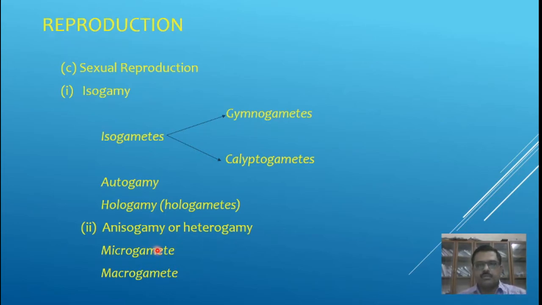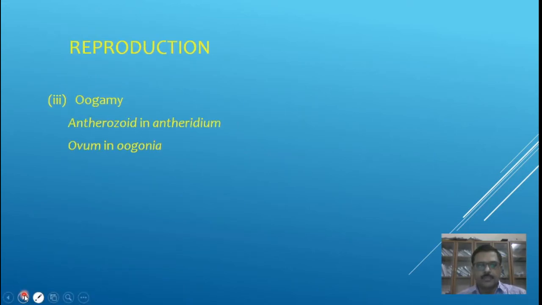And microgamete moves to the macrogamete and brings about fertilization or reproduction. അപ്പം അതാണ് അനൈസോഗമി. ഇവിടെ ഗാമറ്റ് തമ്മിൽ വ്യത്യാസമുണ്ട്. ഒരു ഗാമറ്റ് ചെറുതാണ്, അതിന് സഞ്ചരിക്കാൻ പറ്റും, അതാണ് മൈക്രോഗാമറ്റ്. ഒരു ഗാമറ്റ് വലുതാണ്, അത് സഞ്ചരിക്കില്ല, അതാണ് മാക്രോഗാമറ്റ്. മൈക്രോഗാമറ്റ് സഞ്ചരിച്ച് മാക്രോഗാമറ്റിൻ്റെ അടുത്ത് വന്നിട്ടാണ് ഇവിടെ പ്രത്യുൽപാദനം സാധ്യമാവുന്നത്. So this is anisogamy. The third one is oogamy.